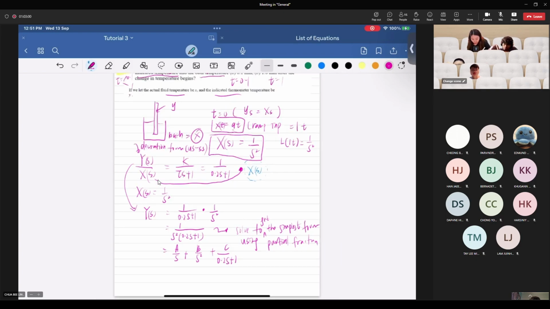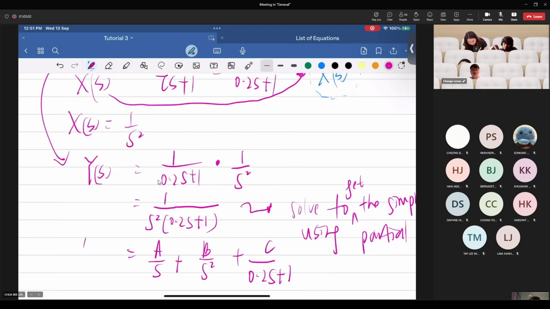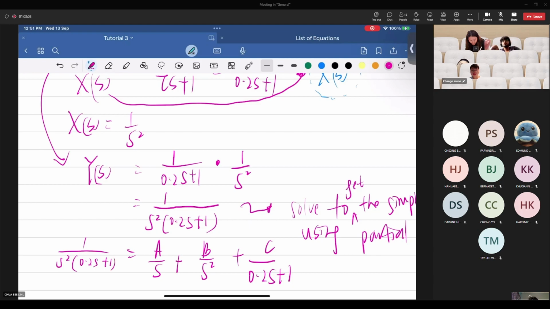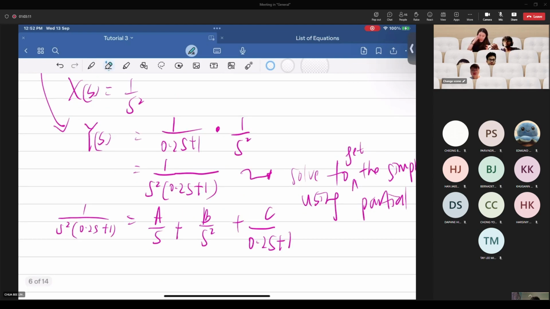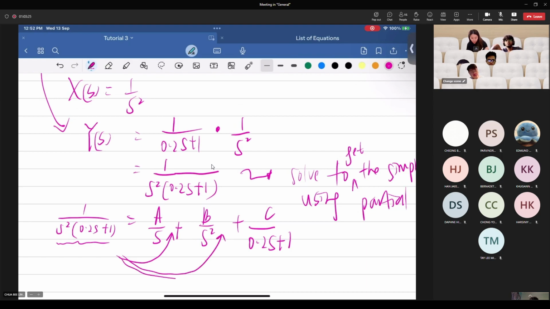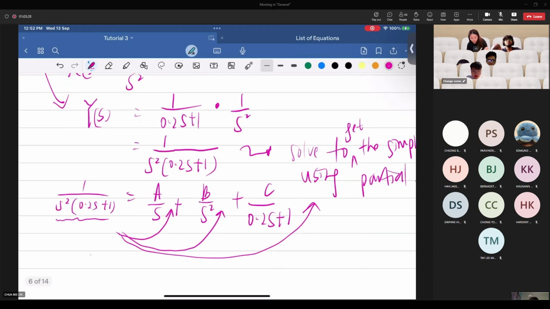Here we have 1 over s squared, 0.2 s plus 1. Then you multiply everything through, so 1 is equivalent to A s (0.2 s plus 1) plus B (0.2 s plus 1) plus C s squared.